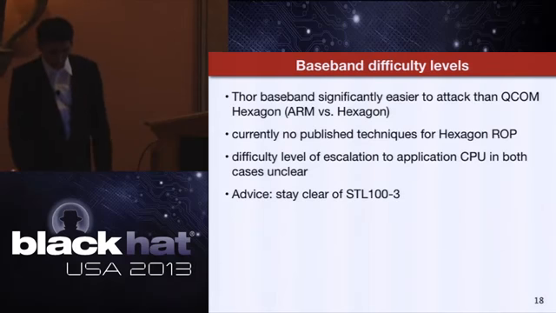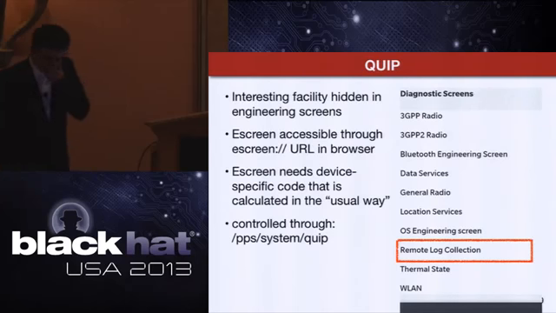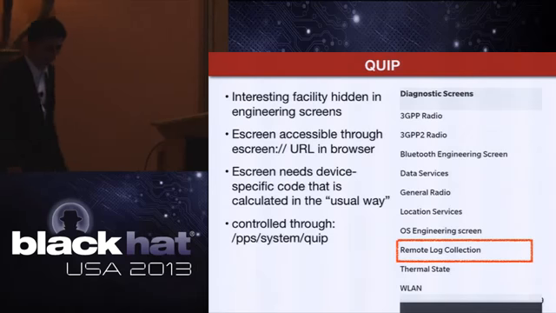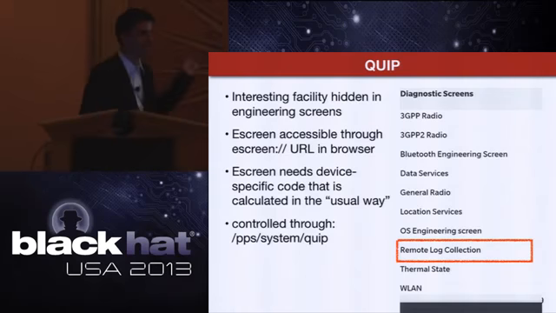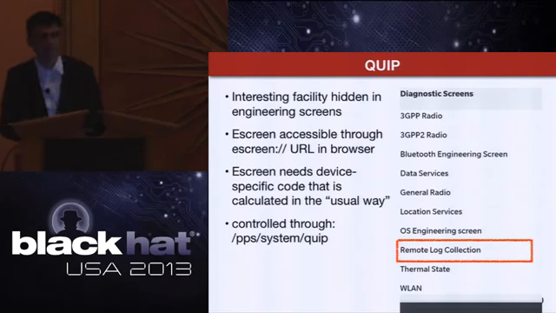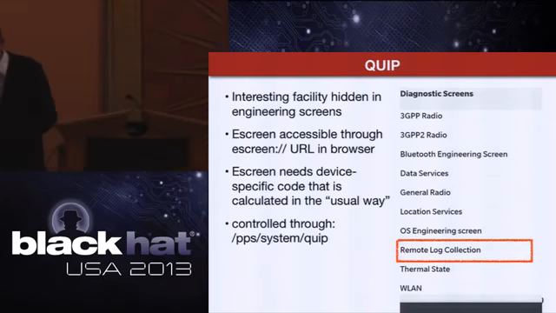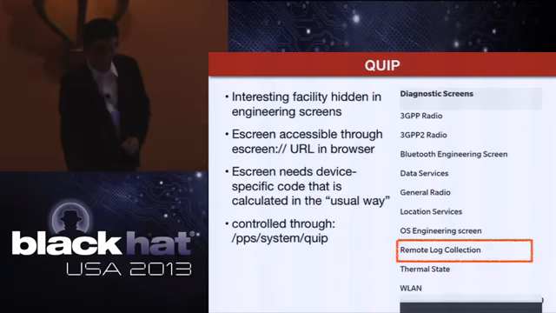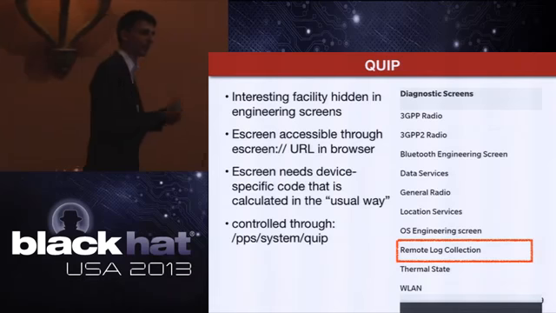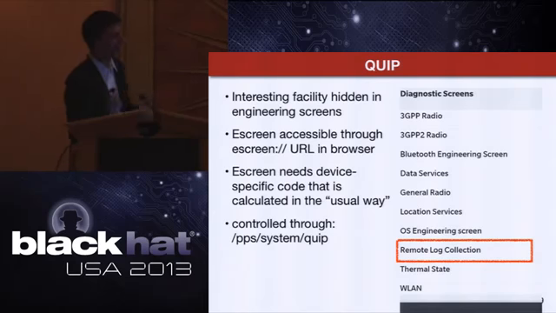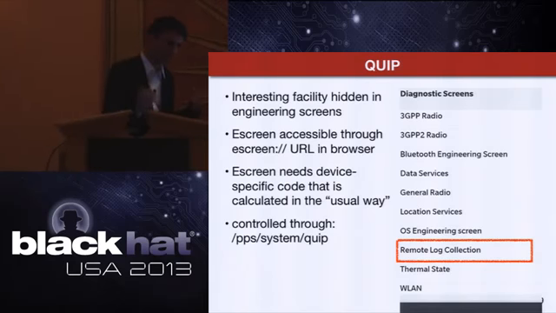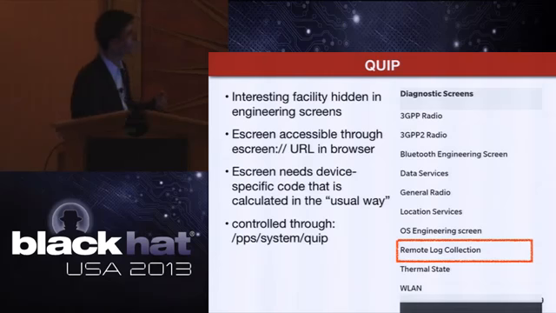Okay, now, after a while, I ran into this interesting facility hidden in the engineering screens. The engineering screens, if some of you have toyed around with BlackBerries, you will be familiar with them. This is basically a special mode where you can look at, say, your cell environment or various parameters for Bluetooth and so on.